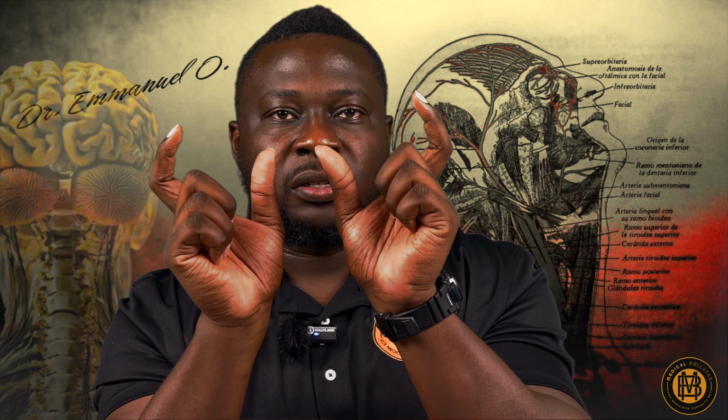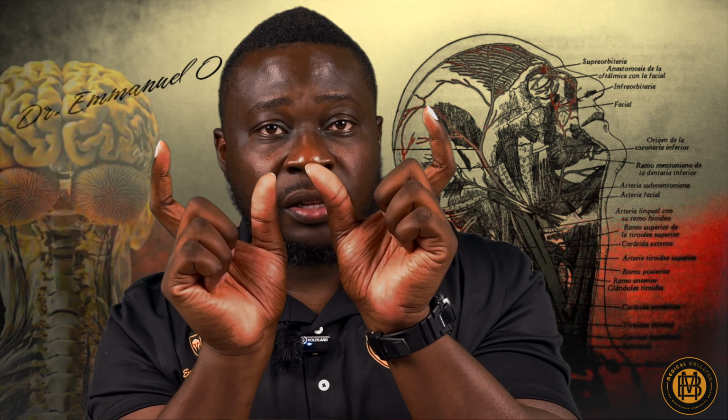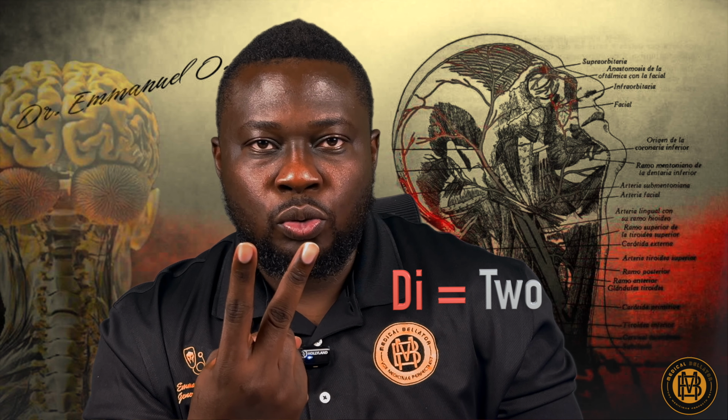What does tel mean? Tel means end, finished part, the finished part of the brain, the end of the brain. Diencephalon, what does it mean? Di means two. Two parts of the brain are formed from that part, all right?